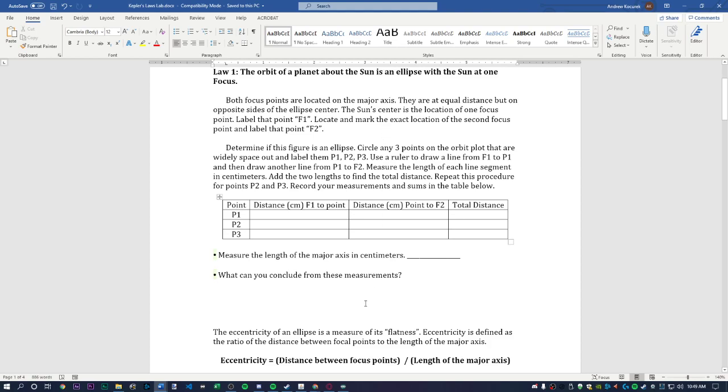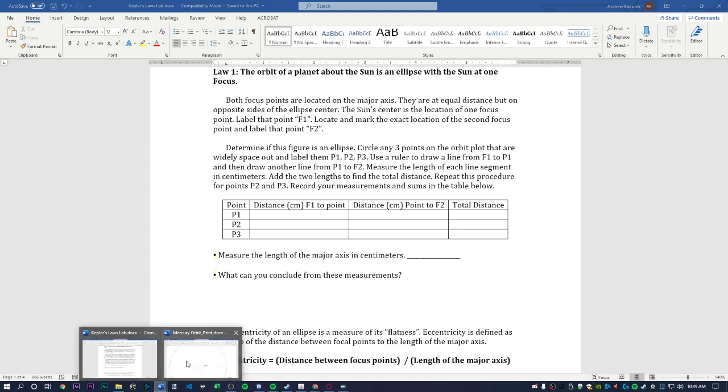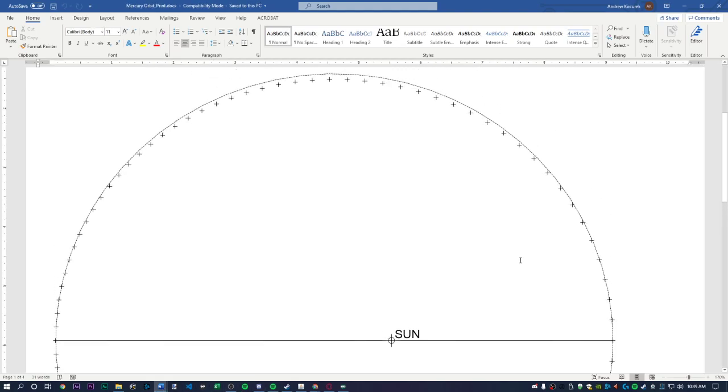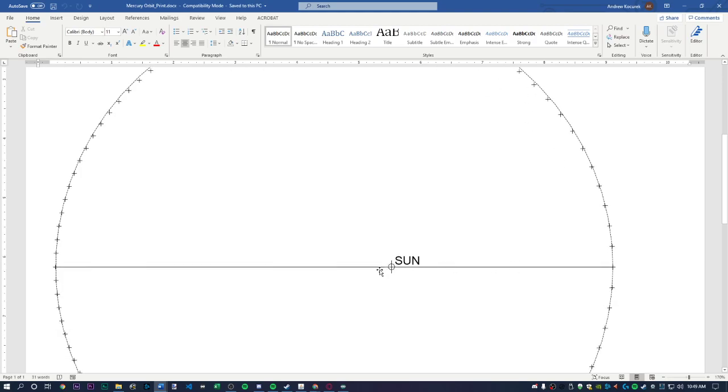But just to give you an idea what you need to do, just off the cuff, first off, you need to get the other focus point. An ellipse has two focus points, unless it's a circle. A circle is a very special kind of ellipse, but since this is not a circle, it's an ellipse, you need to get the other focus point.